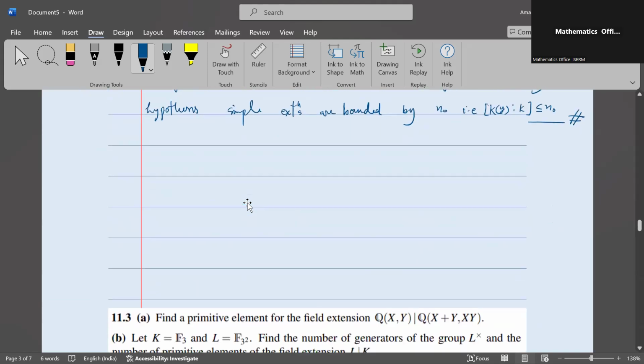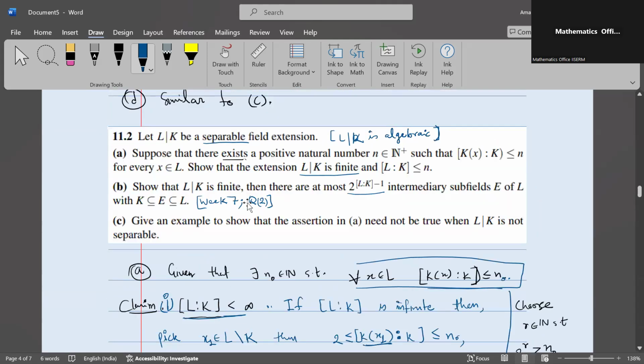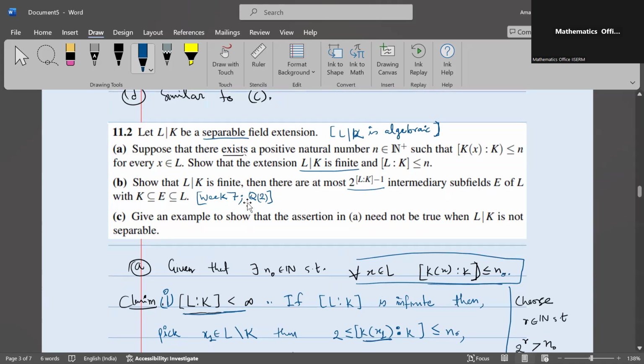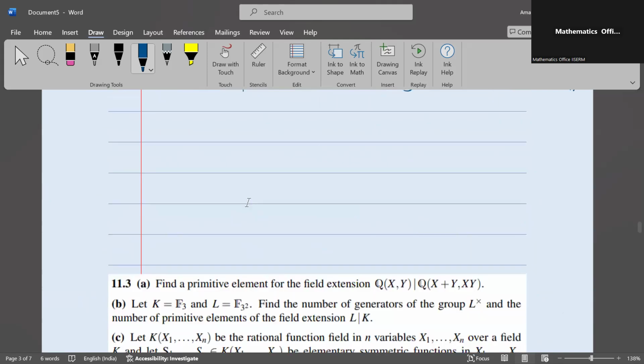I remember something like this we have seen. If it was a Galois extension, then it is fine. But it is not given that it is a Galois extension, right? It is finite and separable, so L is a simple extension, that is all we know till now.